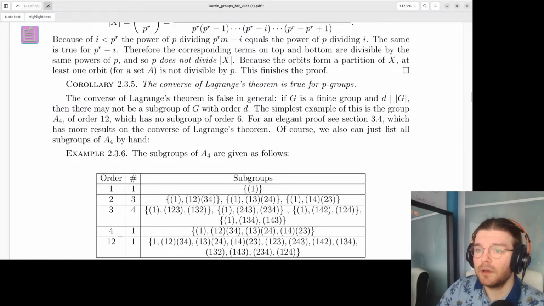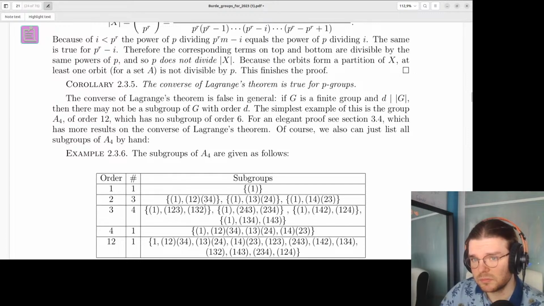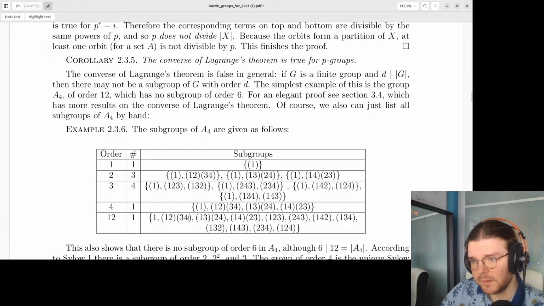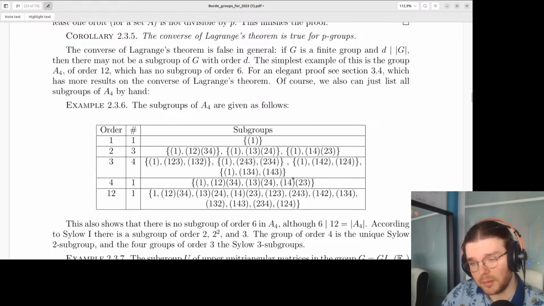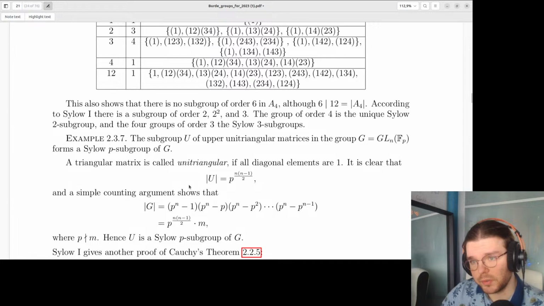The converse of Lagrange's theorem is true for p-groups. P-groups are just groups with prime power order.